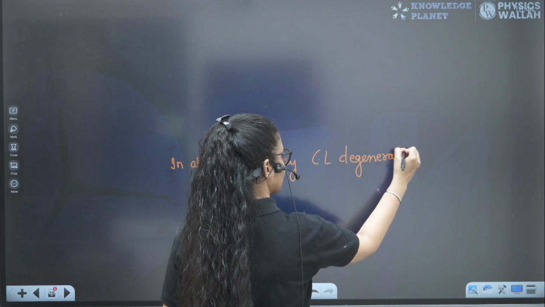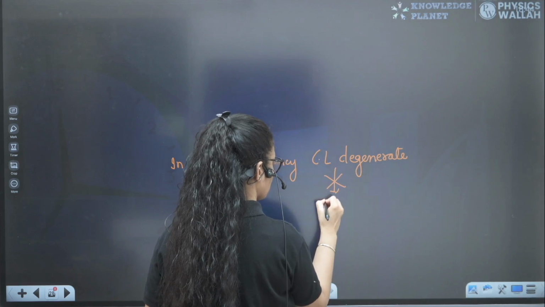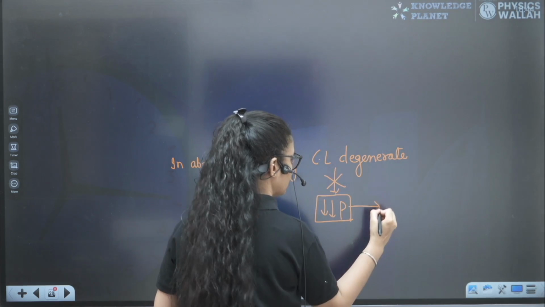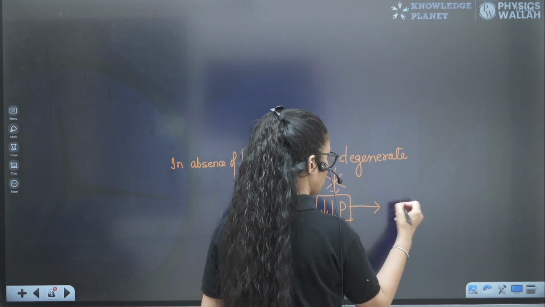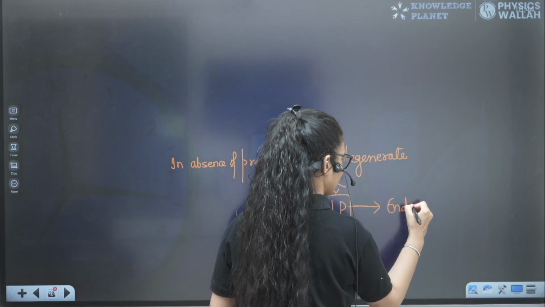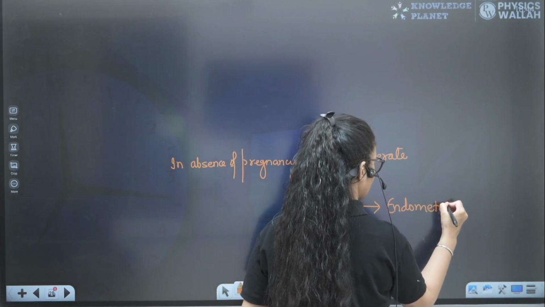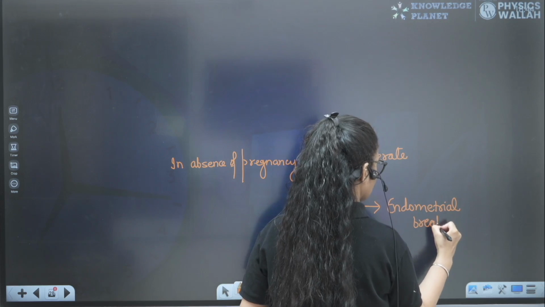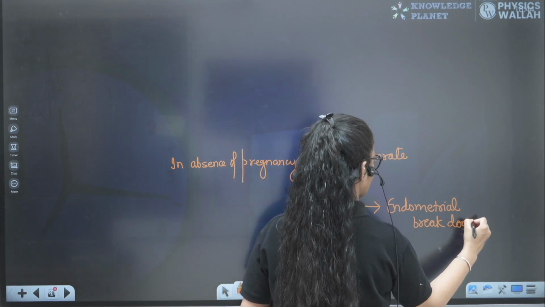And obviously when it is degenerated, no progesterone. Progesterone will drop down. And because progesterone drops down, what will happen? Endometrium lining thickness will not be maintained. Endometrium will break down and the menstrual cycle will happen. And obviously the menstrual cycle will start.